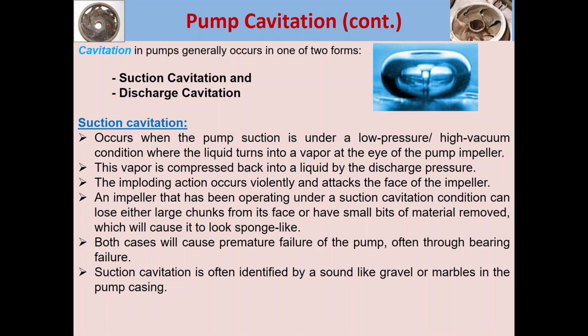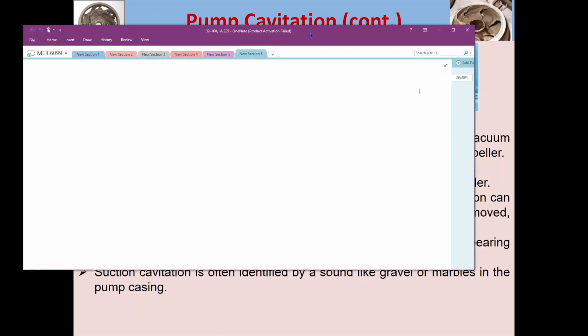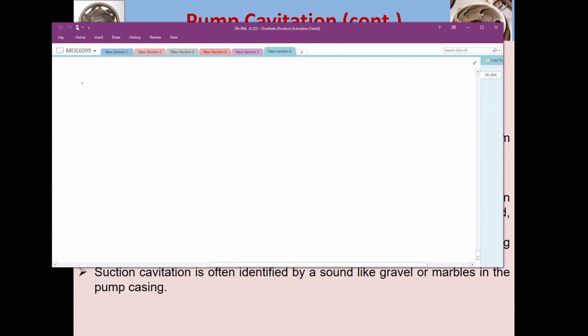The suction side cavitation happens whenever the pump takes liquid from any supply line. For example, if you have a tank here, and the line is connected, and a pump is connected to it, the pump is supplying. At the free water surface the pressure is atmospheric, and when the liquid goes into the lines there are losses, a friction loss and minor losses.